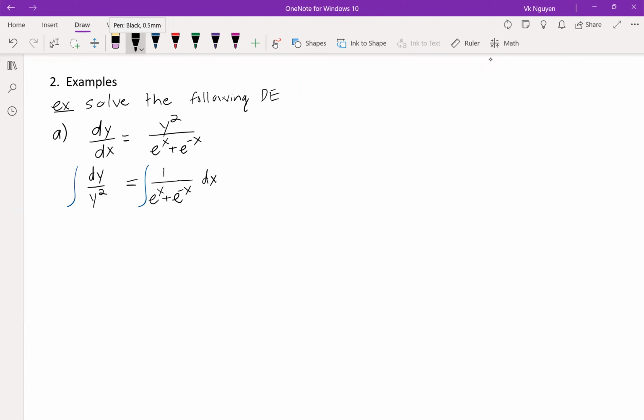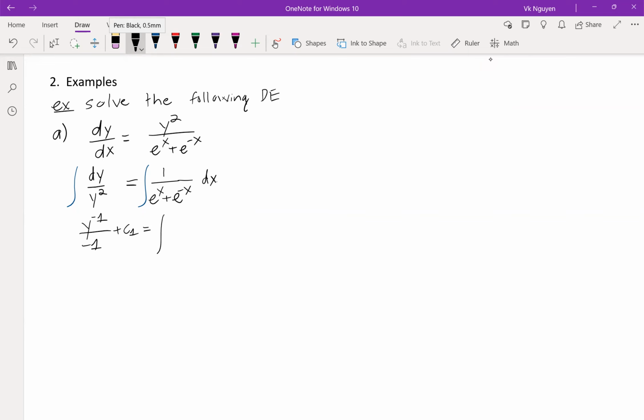When we integrate the left side, we have y to the negative 1 over negative 1 plus c1. When we integrate the right side, it's a little tricky though. You cannot integrate right away.